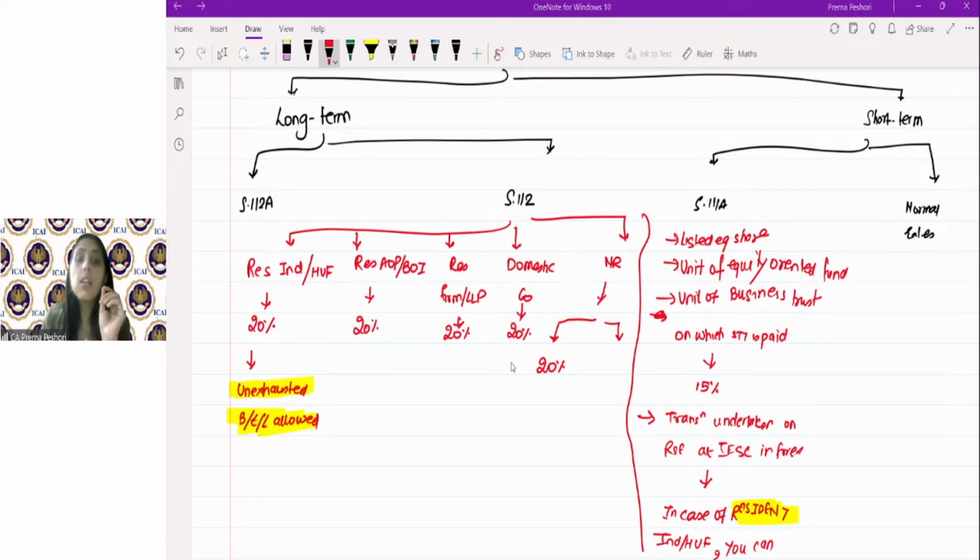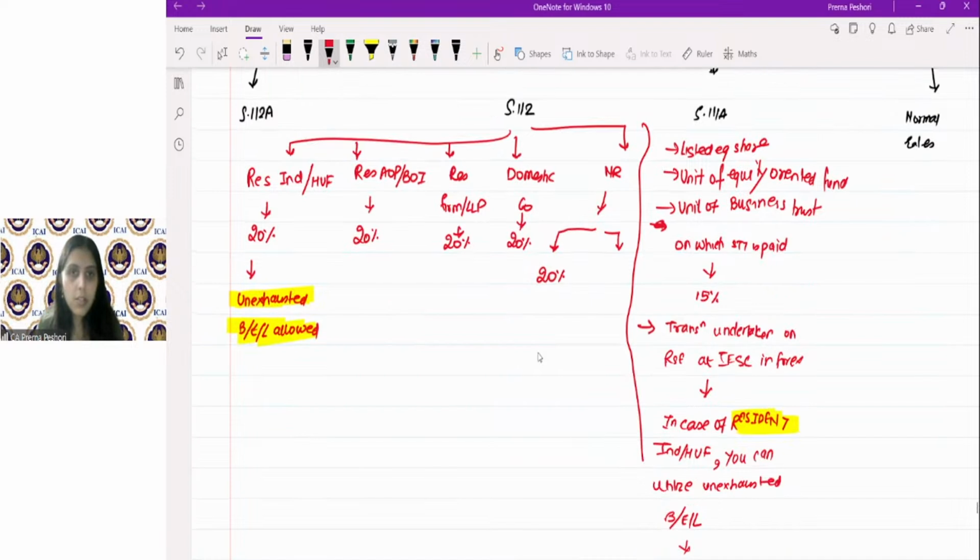So what you're saying under 112 is that in case of listed securities which are not covered under 112A, or in case of a zero coupon bond, then it is 10% without indexation. So, here you can write it down.